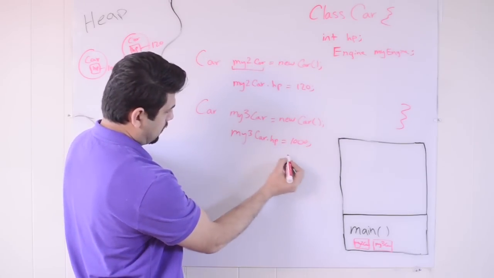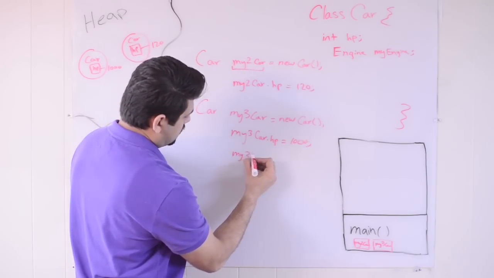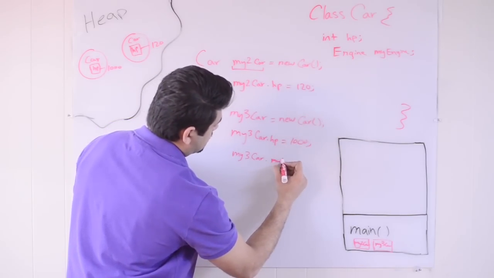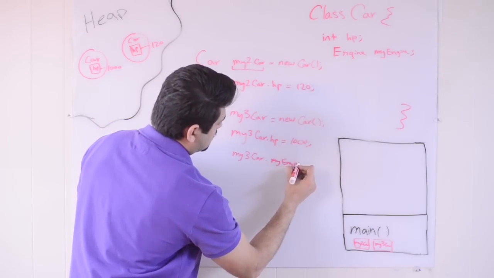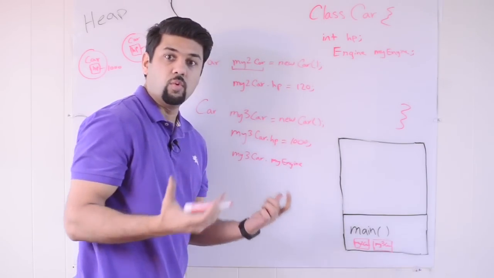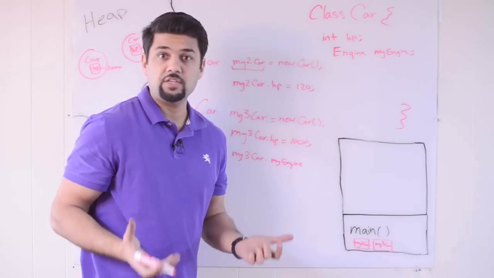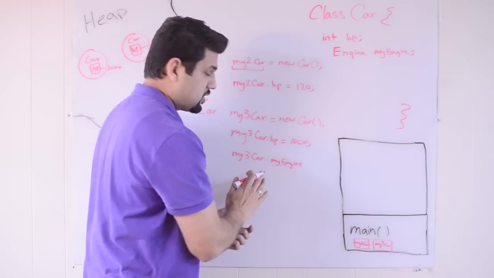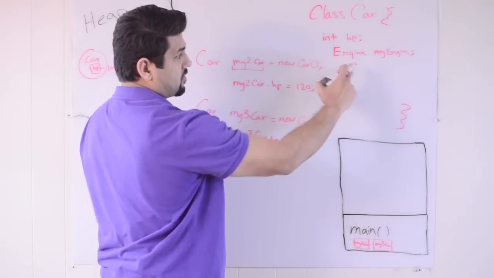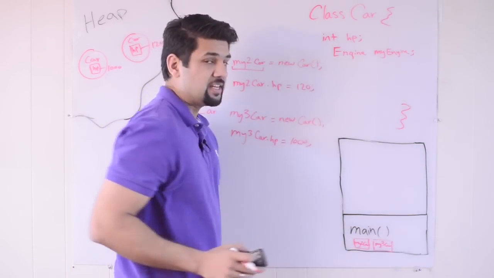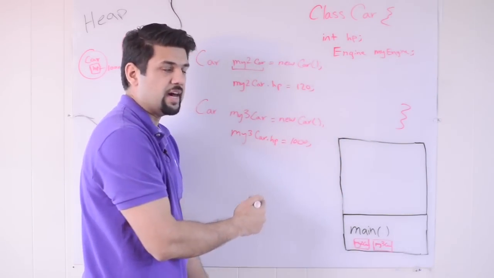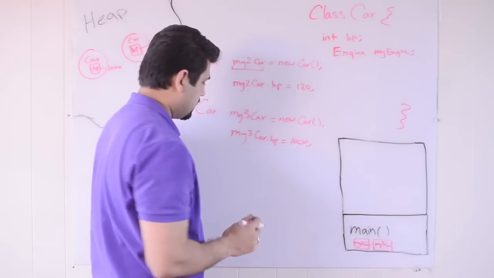I could do, for example, my3car dot my engine, and engine. Oh, which engine, right? Where's our engine? We haven't created an engine yet. So we need to first create an engine object. This is just a reference variable. It doesn't have any data assigned to it yet. So let's create the engine first, the object, and then assign that to that particular variable.